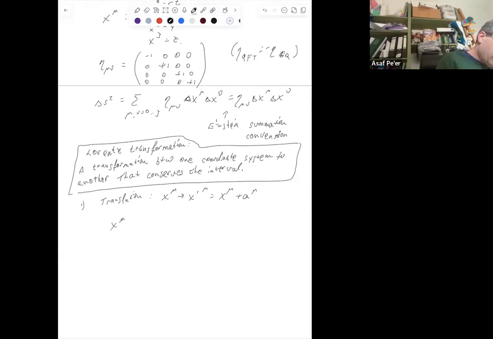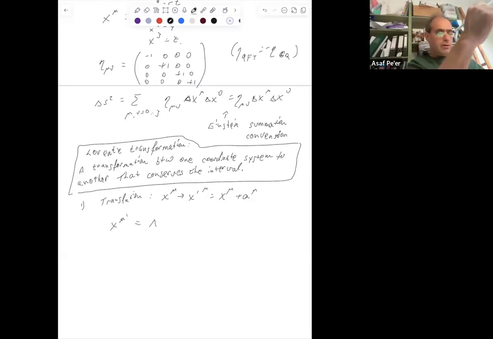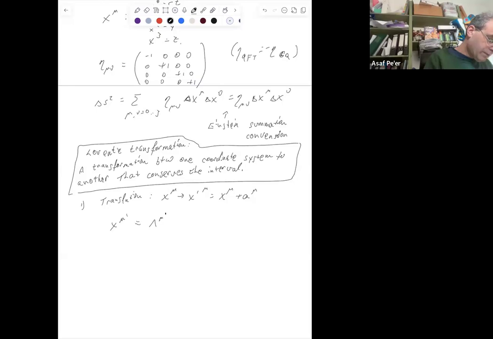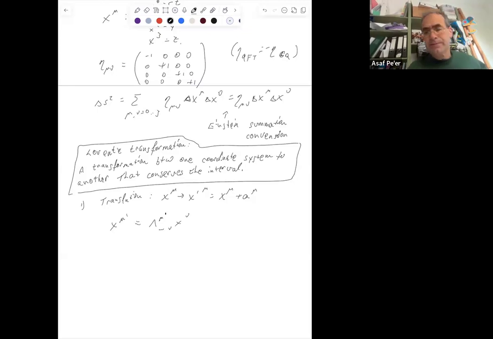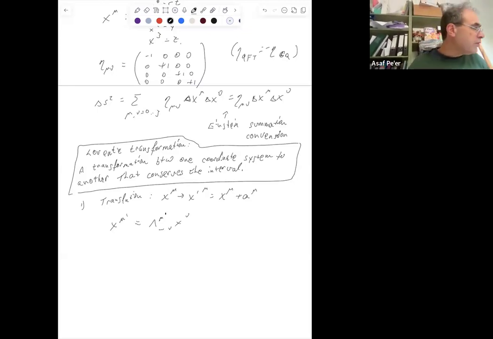So x mu prime is lambda. And note how I write it, because that is very important, and you'll understand today why. Obviously one upper index and one lower index, and they're not one on top of the other, but diagonal: mu prime, a space, and then nu, x nu. That's how I will define the Lorentz transformation.